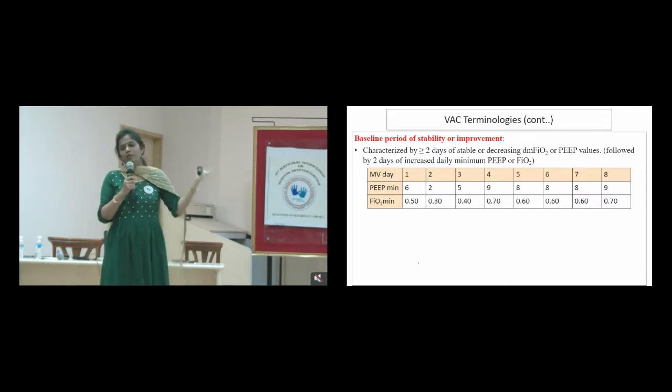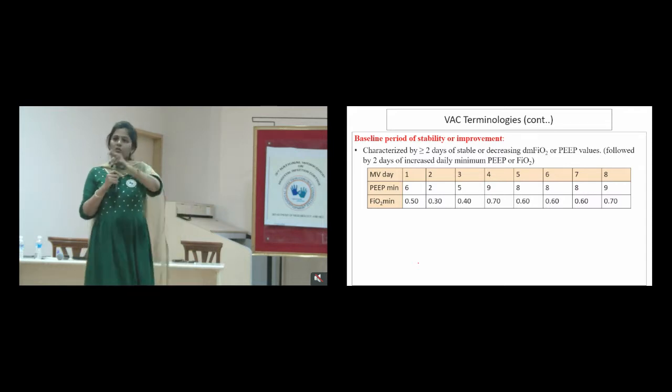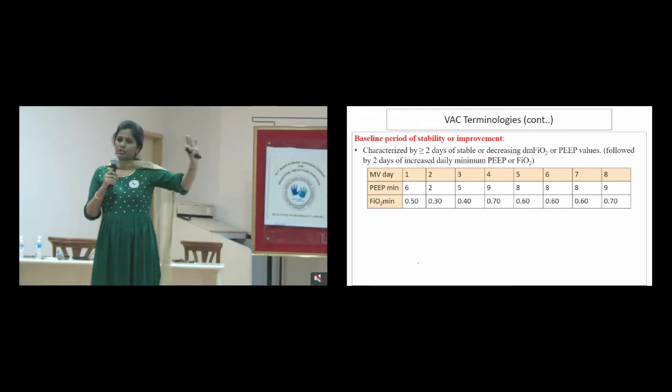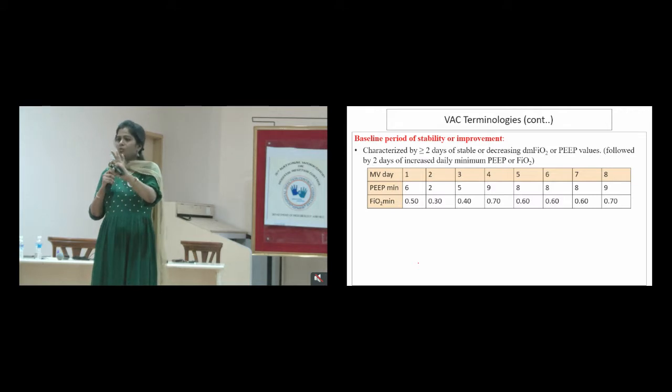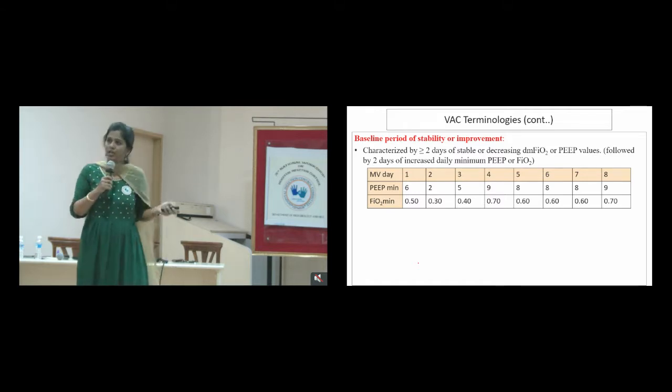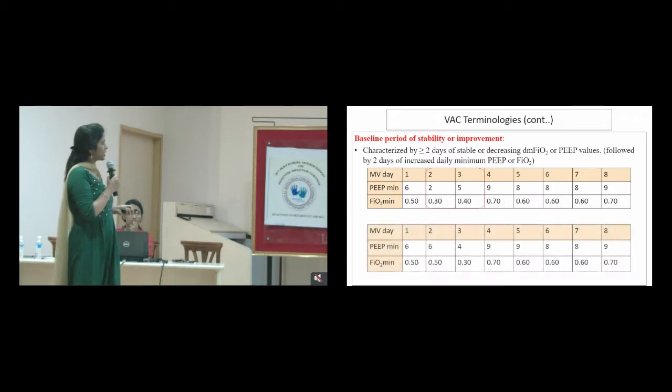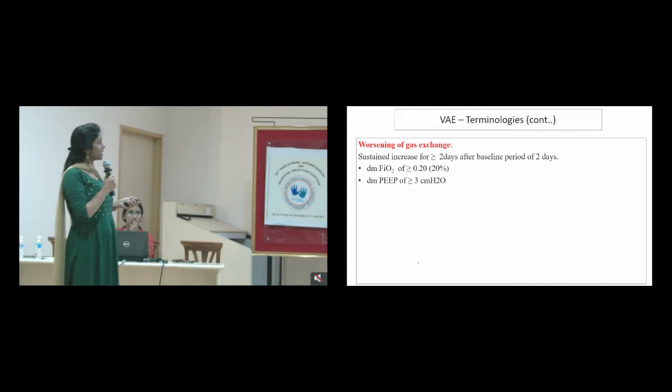But the definition continues. Just hold on. The true definition says that baseline means you should have 2 days of reducing or stable values, followed by worsening of gas exchange. For that you should also understand what worsening of gas exchange is.